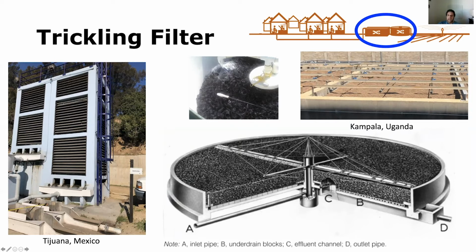The important thing is that it has a large surface area where microbes can develop biofilms and start to grow. So as the wastewater gets sprinkled and trickled down through this media, those bacteria are there to break down the organic matter present in the wastewater. And because it's trickling down, the air has an opportunity to flow in through the system, so it gets a kind of natural aeration rather than having to run aeration pumps, like is the case in the activated sludge system.